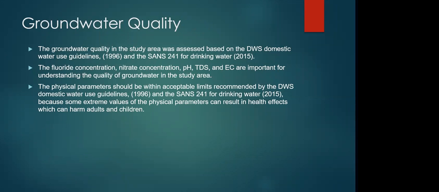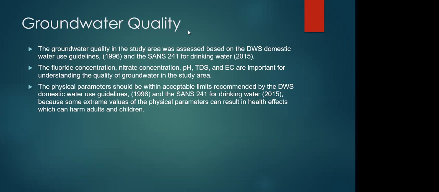The groundwater quality was assessed based on the Department of Water and Sanitation domestic water use guidelines, as well as the South African National Standards 241 for drinking water. Fluoride, nitrate, pH, TDS, and electrical conductivity are the most important in understanding the quality of the groundwater in the study area.